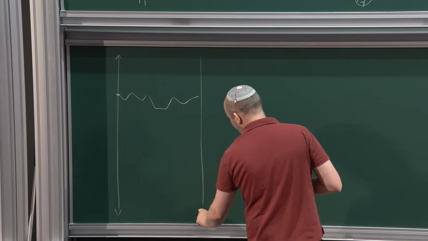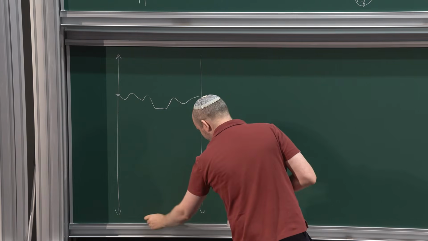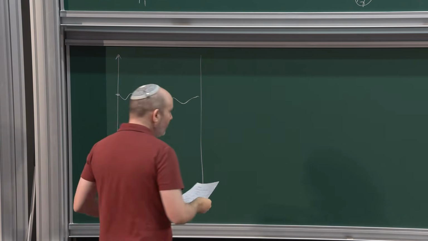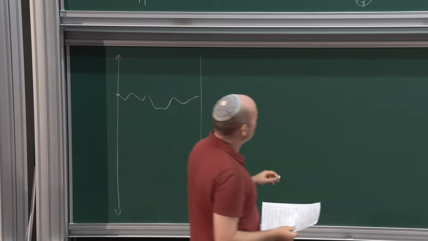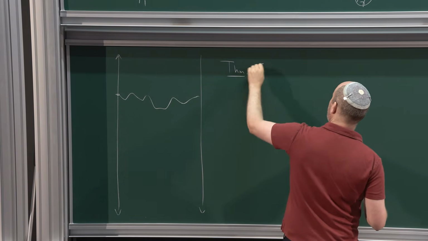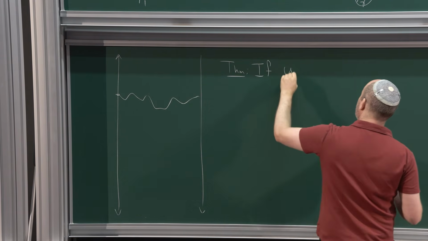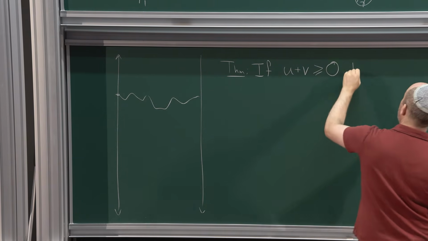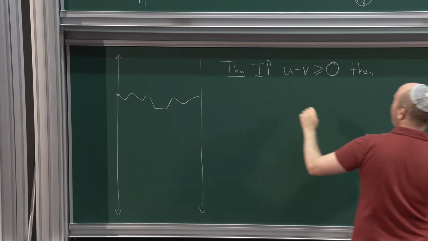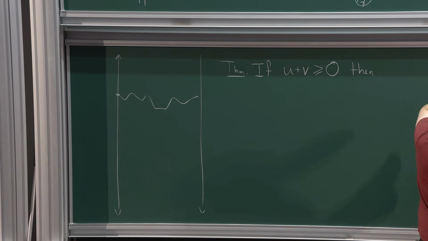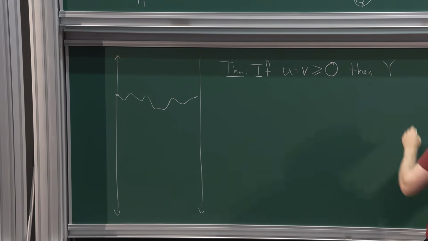And then run to time L, run to width L. Now there's a claim, so maybe we'll start with a theorem. So if u plus v is strictly bigger than 0, then we can.